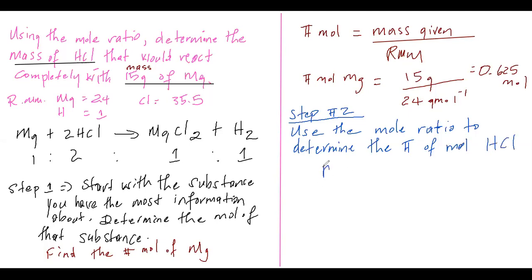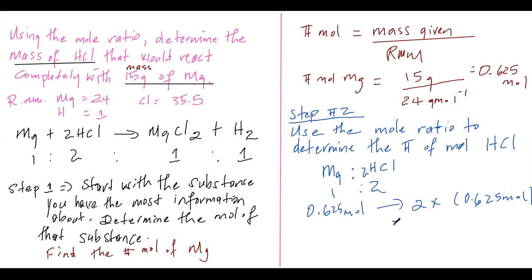So the ratio between magnesium and HCl is 1 to 2. That means that if we had 0.625 moles of magnesium, then we would need 2 times that amount of HCl, because of what the ratio says.